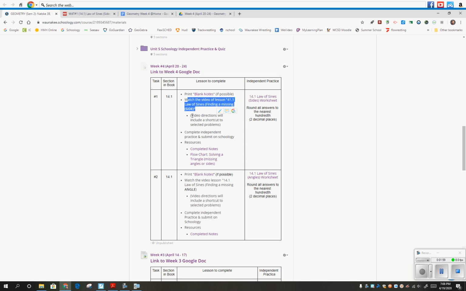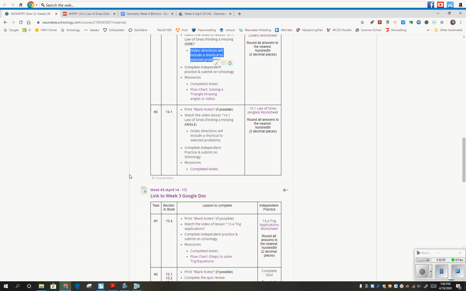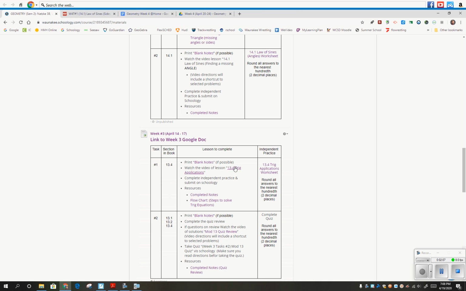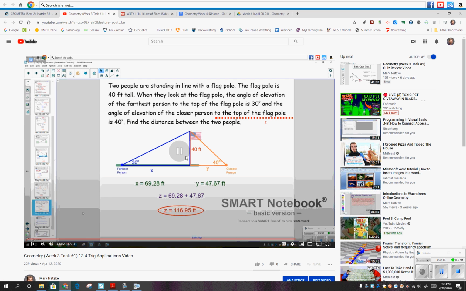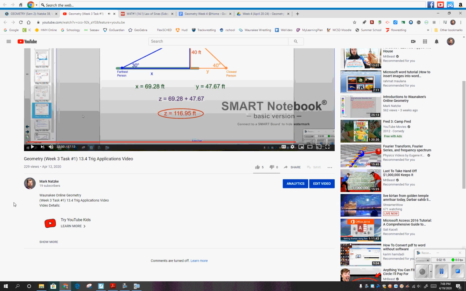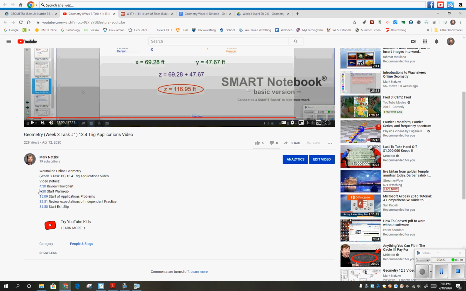One thing I want to point out is I started adding it last week. At the bottom are some directions and shortcuts. So if I pull up the video from last week, day 1, I'm going to pause the video, but down below the video details, if you click on show more, it's going to bring up some details.